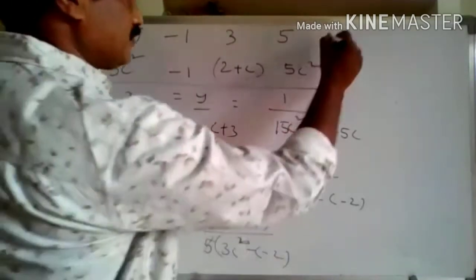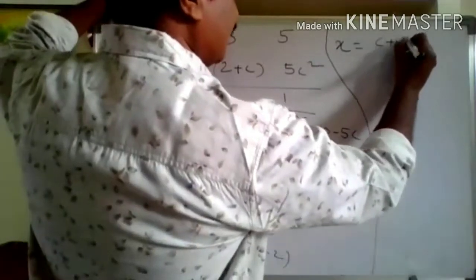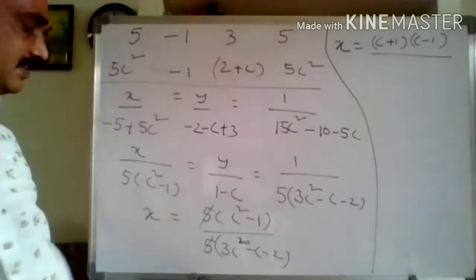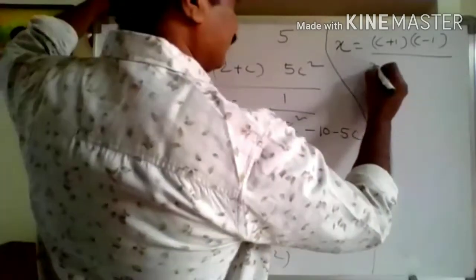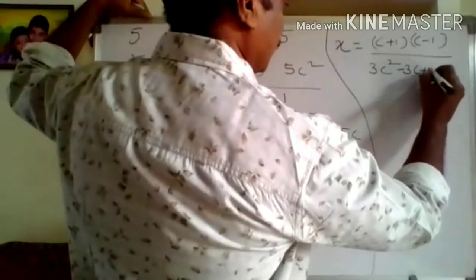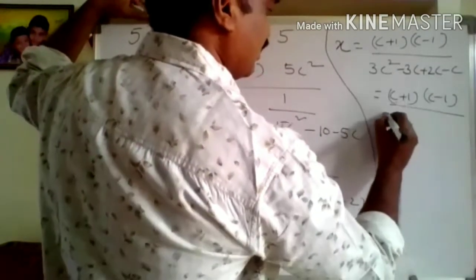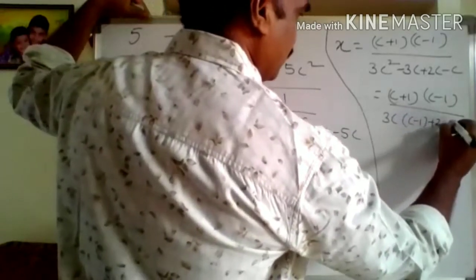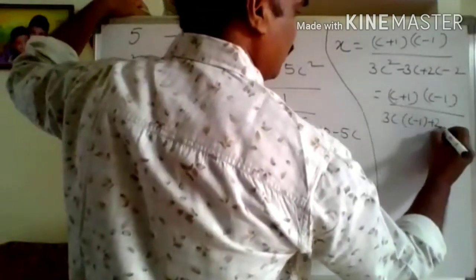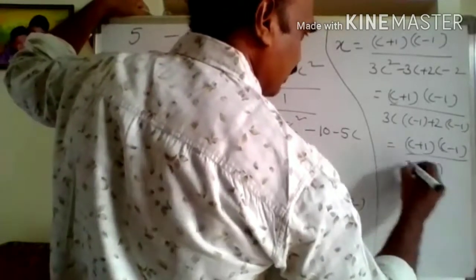So x is equal to (c² minus 1) over (3c² minus c minus 2). c² minus 1 is equal to (c plus 1)(c minus 1). Factorizing 3c² minus c minus 2: 3c² minus 3c plus 2c minus 2, which is 3c(c minus 1) plus 2(c minus 1), that is (3c plus 2)(c minus 1).